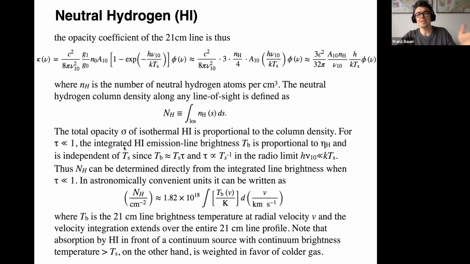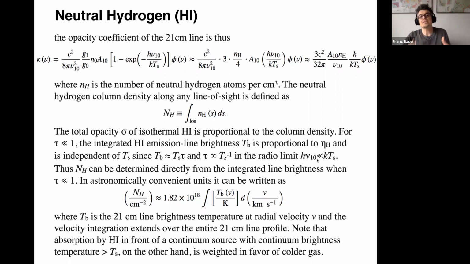If you just integrate the emission line in terms of a brightness temperature, that's going to be proportional to the column density. This brightness temperature basically is proportional to this. It's independent of the spin temperature, and so this is more or less constant in this particular limit.